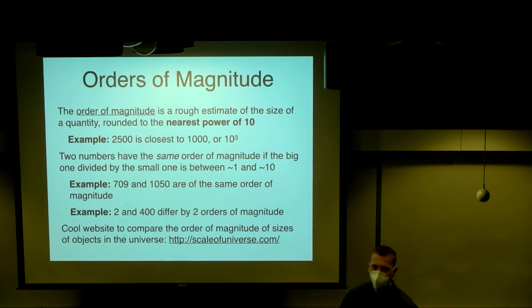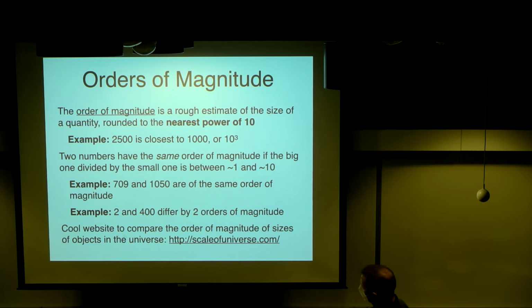And that brings us to orders of magnitude, okay? Has anyone heard this term before? Are we familiar with this idea of order of magnitude? So if you're not, here's how it works. Basically, an order of magnitude is a very, very rough estimate, just to get a sense of what ballpark a certain number is in.